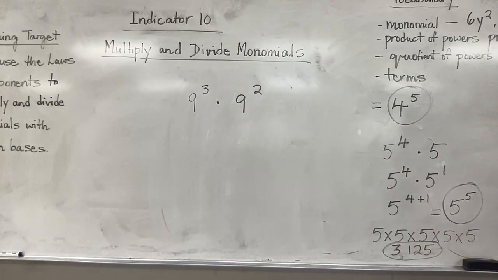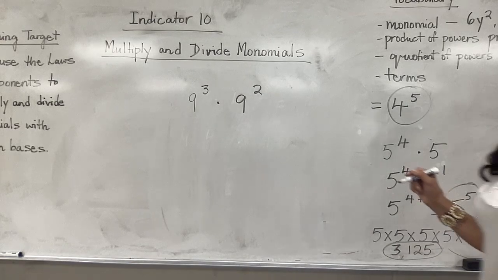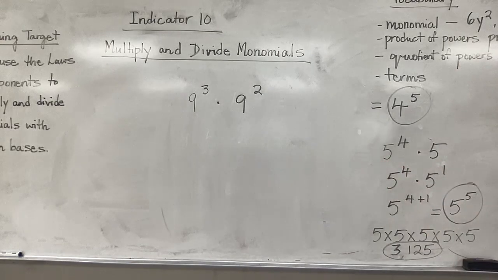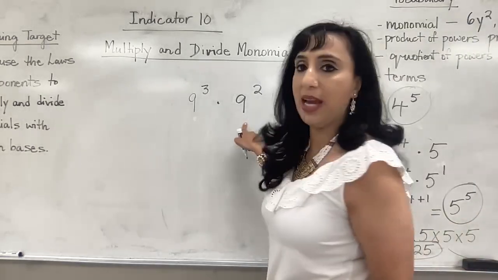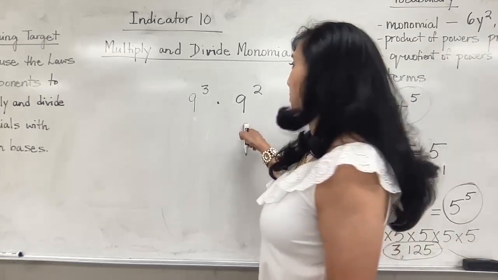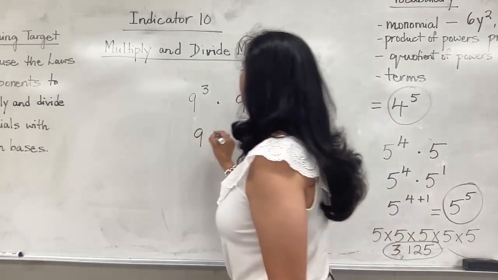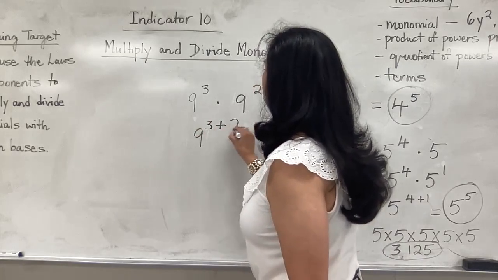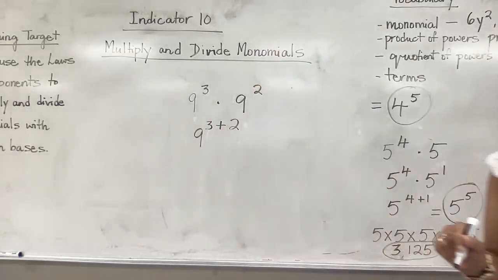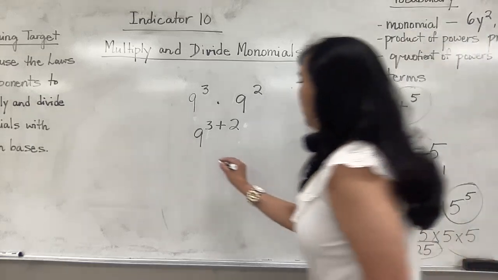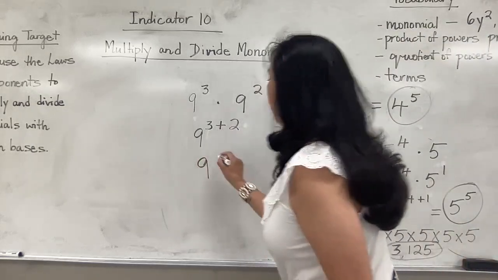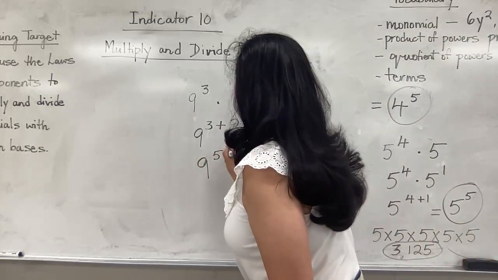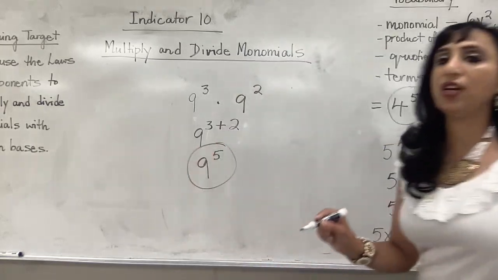So first we look at the product of powers property. I know that the bases are the same, which is 9. So all I'm doing is I'm taking the 9 and I'm going to add the exponents, 3 plus 2. All right. And so I get, what is 3 plus 2? 5. So 9 to the fifth power is my exponential form.